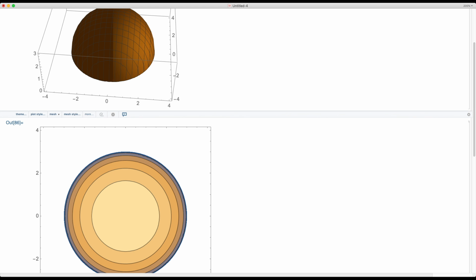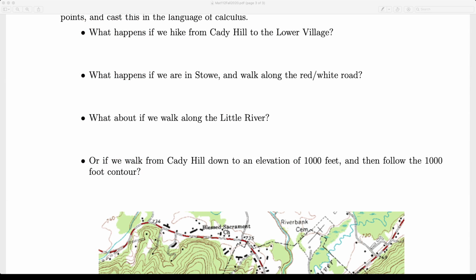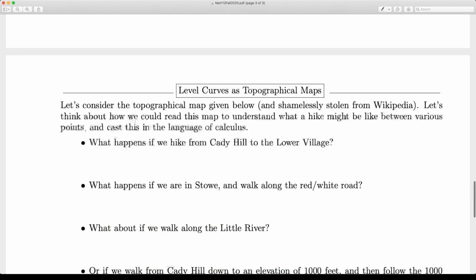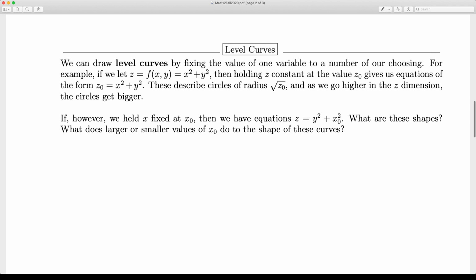Okay, so let me switch back over to the preview. All right, so what we've basically done here is we've talked about level curves.